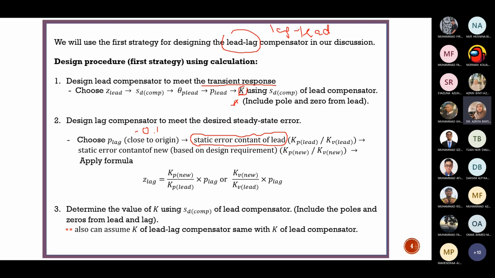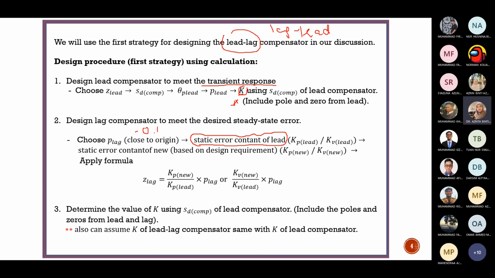But since this controller is a lag-lead, and we already designed the lead compensator first, our reference now for the static error constant refers to the lead compensator. Understand? Okay, so this is the difference between the lag compensator and the lag-lead compensator here.